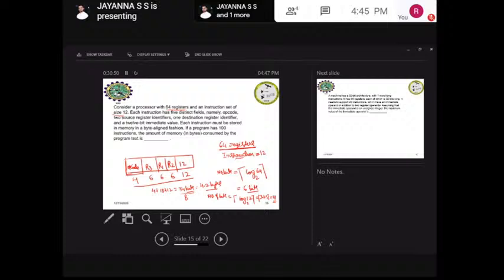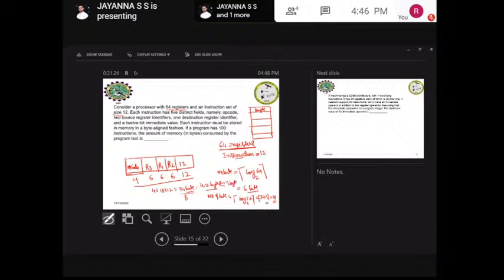They also mentioned that each instruction must be stored in memory in a byte-aligned fashion. Byte-aligned means that memory consists of memory locations, and every memory location is a byte, so it is capable of storing 1 byte of information. We are getting 4.25 bytes, but real numbers are not considered, so it is rounded up to the higher integer, which is 5 bytes.